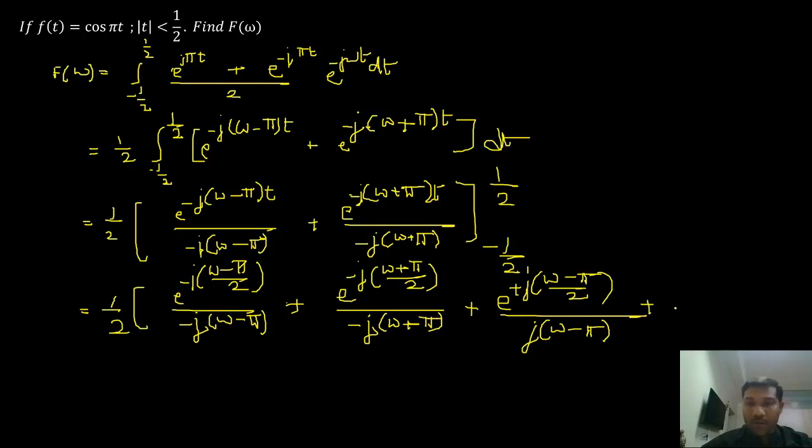So again it will be plus e power plus j omega plus pi divided by 2 divided by j omega plus pi.